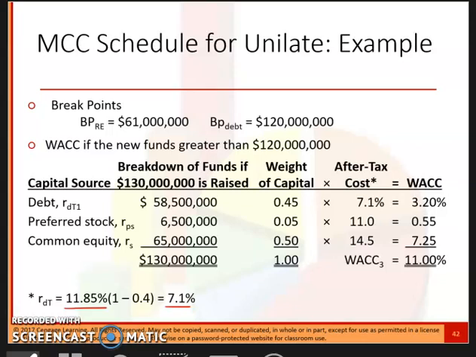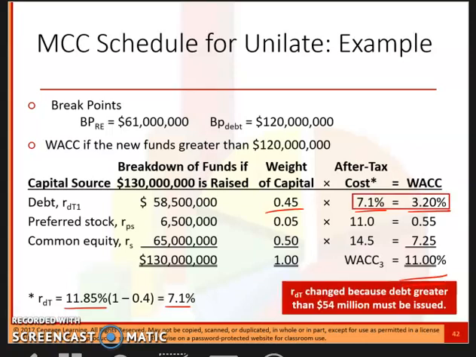So the 7.1 times the 0.45 is 3.2. And add those up, then the weighted average cost of capital goes up to 11%. So the RDT changed because you issued debt greater than the 54 million. So that's how these problems work.